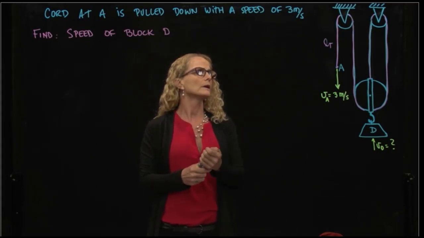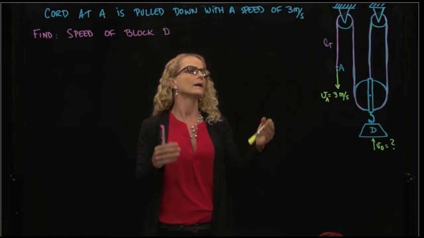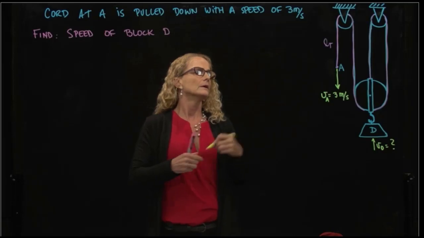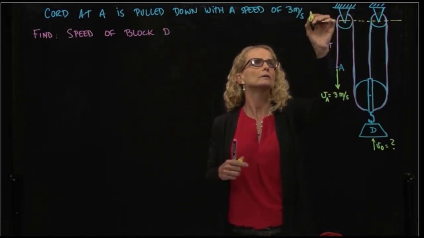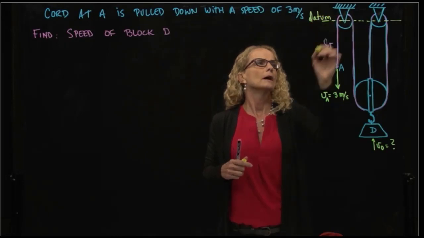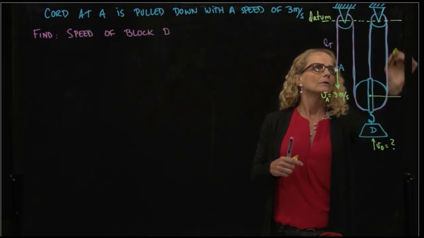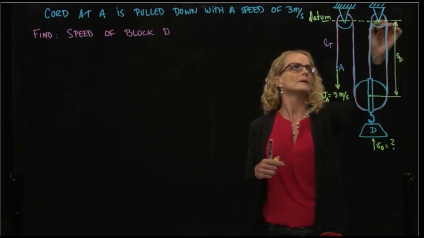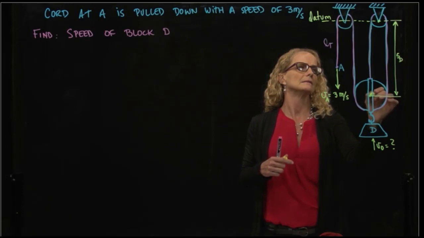To be able to calculate that, I'm going to add all the pieces of cord and say that all those pieces of cord are equal to L. I'm going to have a reference that I will call datum, and I will name the distance from my datum to D as SD.